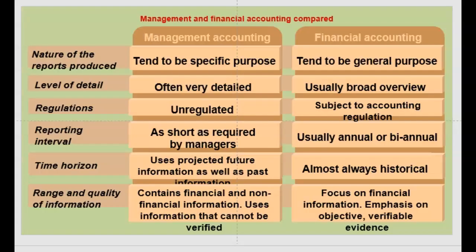Now, I mentioned earlier on about management accounting and financial accounting. To help us understand what they are, this table up here shows us the differences between them. You can see one is for general purposes, the other one is specific and can vary between companies. So management accounting can be specific to organizations and it can change.